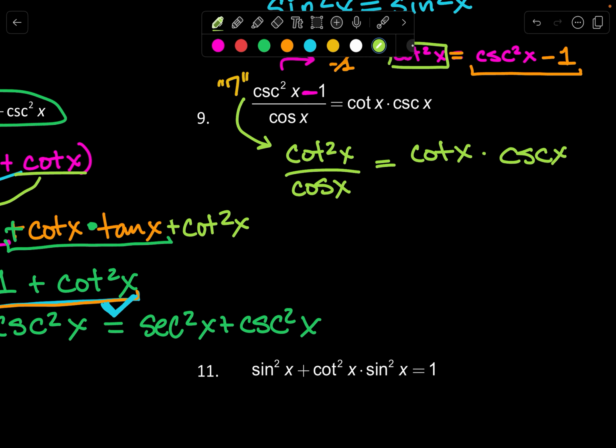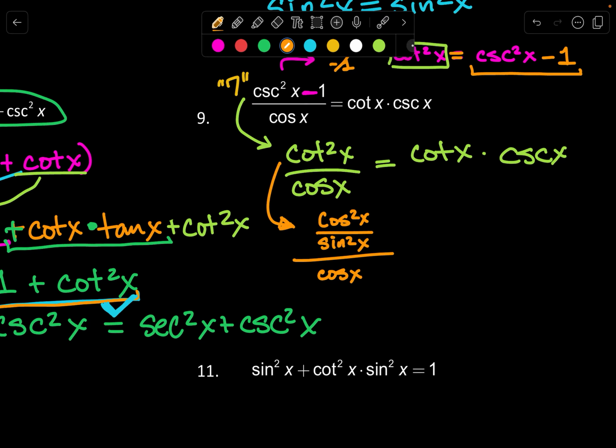So this is one of those ones where I probably want to mess around a little with both sides. On both of these, I'm going to rewrite them in terms of sine and cosine. So I'm going to take my cotangent and rewrite it as cosine squared x over sine squared x divided by cosine x.